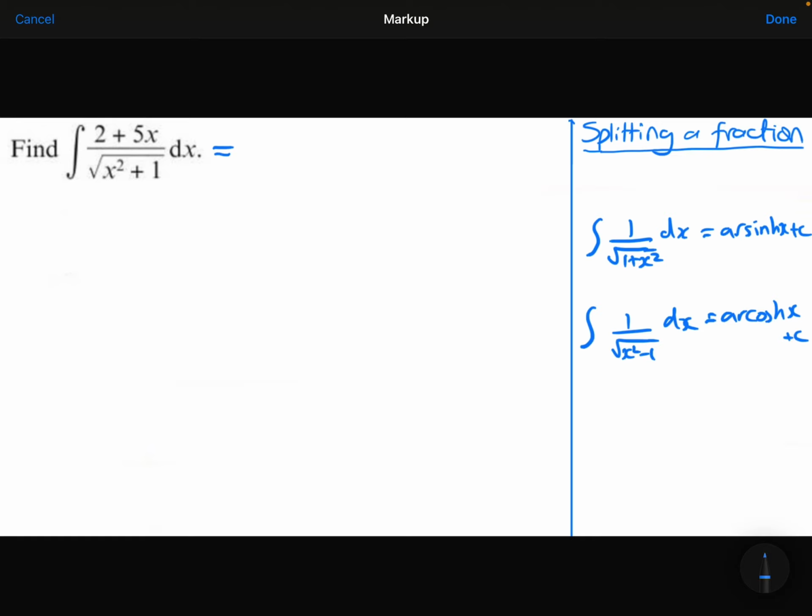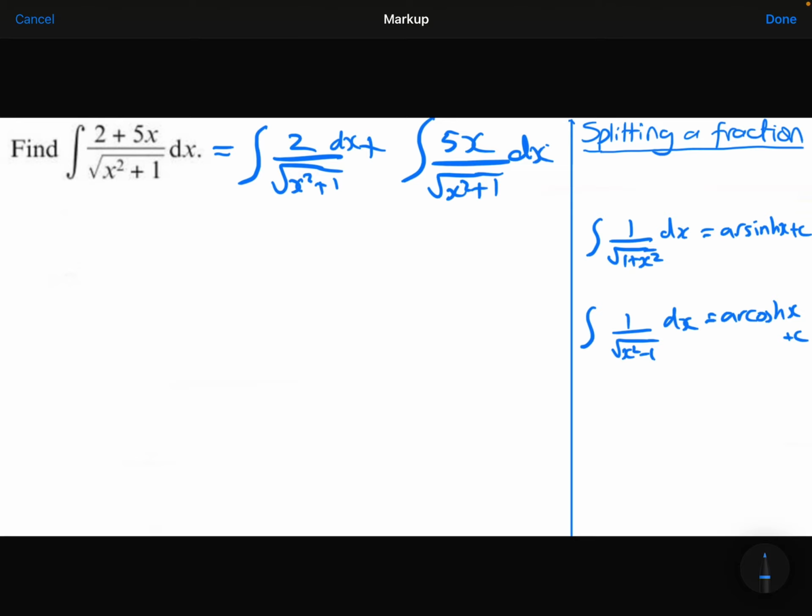And that's the technique I'm going to use here. I'm going to rewrite this as the integral of 2 over the square root of x squared plus 1, with respect to x, plus the integral of 5x over the square root of x squared plus 1. So I'm just splitting that fraction up into two separate integrals.